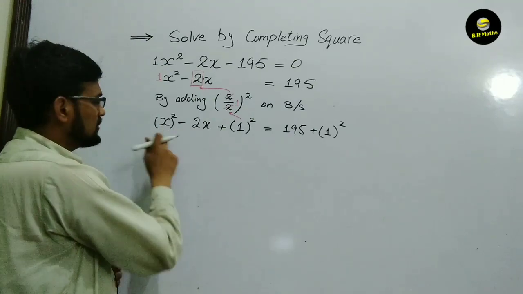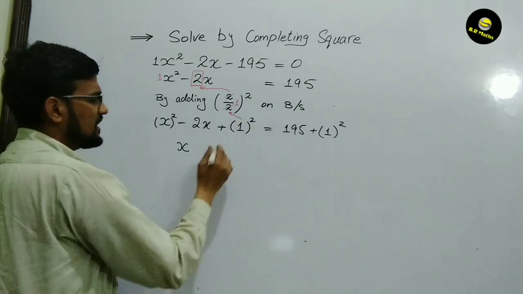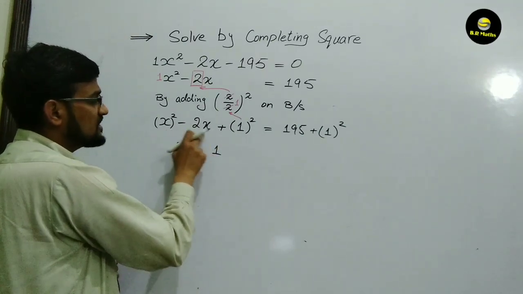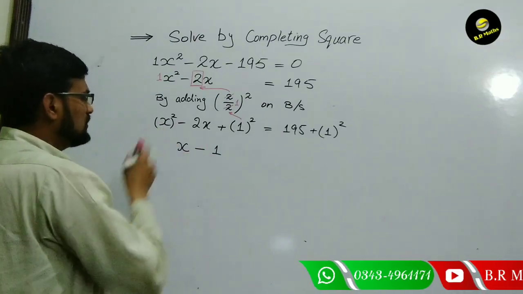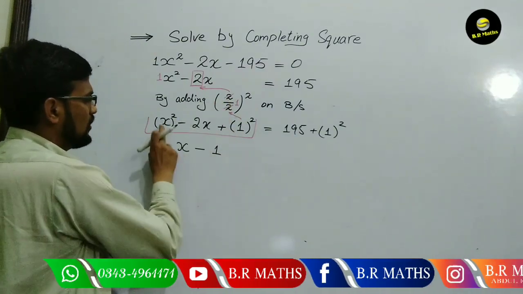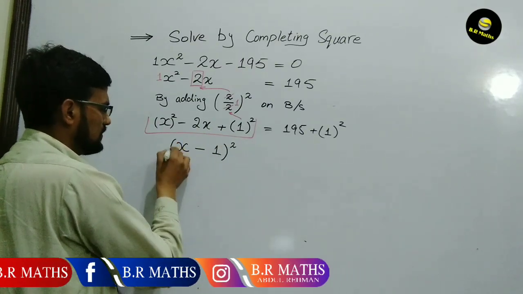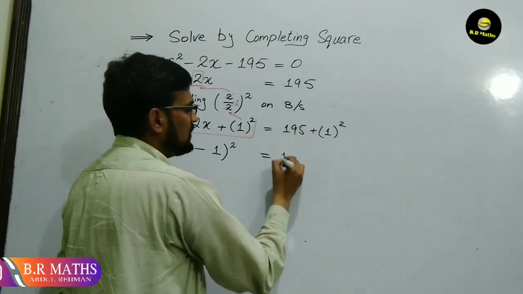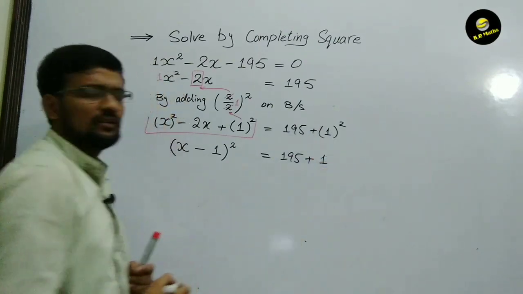For the first term, take x, and for the second term 1 square, take only 1, and the central term gives the sign, which is negative. So the whole term becomes the whole square of x minus 1, equal to 195 plus the square of 1, which is 1.